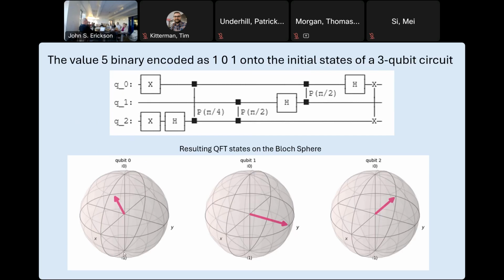So you start out straight down, straight up, straight down. After running through the circuit, you end up with these 3 vectors. And these are the states of the qubit. All right. This is what the qubits look like. It's not the results of the Fourier transform. Okay. We'll be getting to that a little bit later.